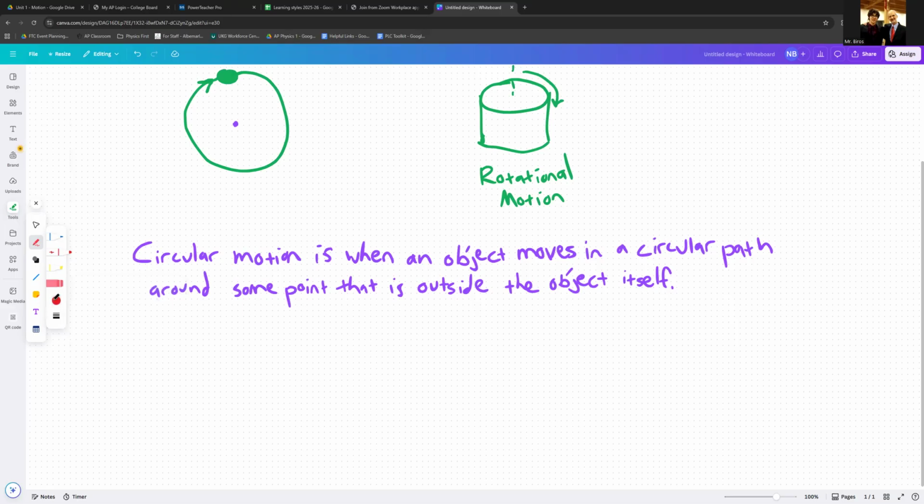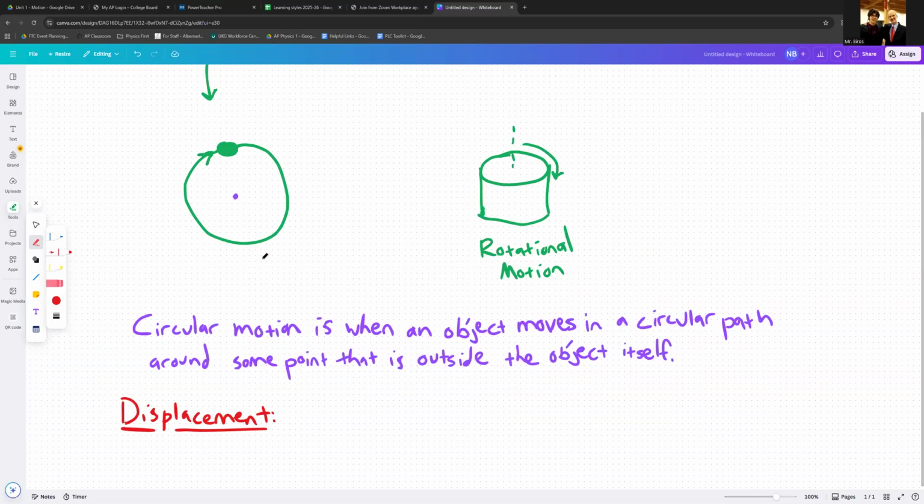Now, displacement, previously we used delta x, delta y. So we had delta x horizontal, delta y vertical, measured in meters, using our big 5 equations to find those. Displacement still is how far it goes, but delta x, delta y don't really help us that much for circular motion, because if our object went once around the circle, it would be right back where it started horizontally and vertically, and we'd have 0 y and 0 x displacement.